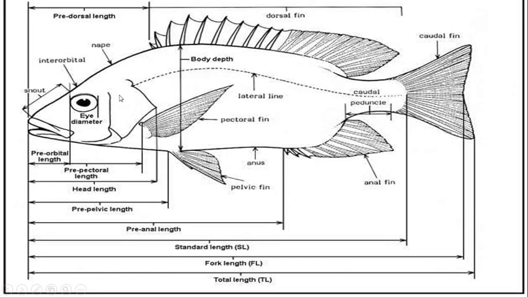Then this is the snout length from here to here, and this is the body depth. You can see from the dorsal fin to the pelvic fin. So these are the overall terms which we have discussed about the identification of fish.